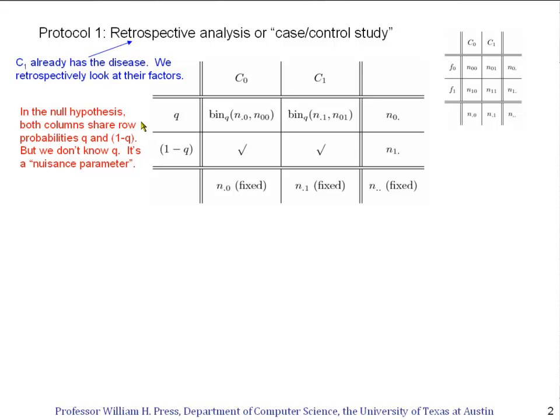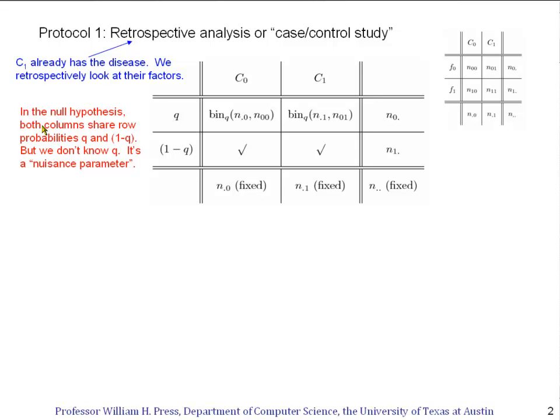And we can't really control in the experiment, let's consider this column, the control sample, what fraction out there in the population either were vaccinated, let's call that probability Q, or were not vaccinated, probability 1 minus Q. So this probability Q is a nuisance variable.